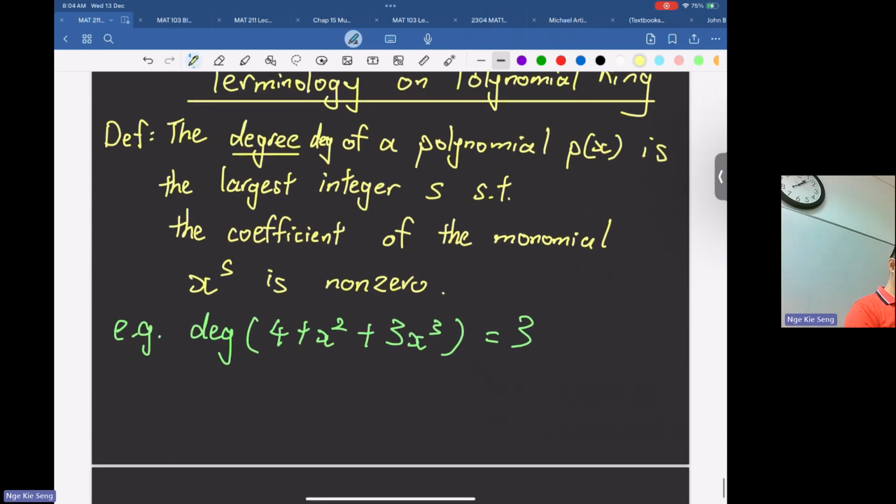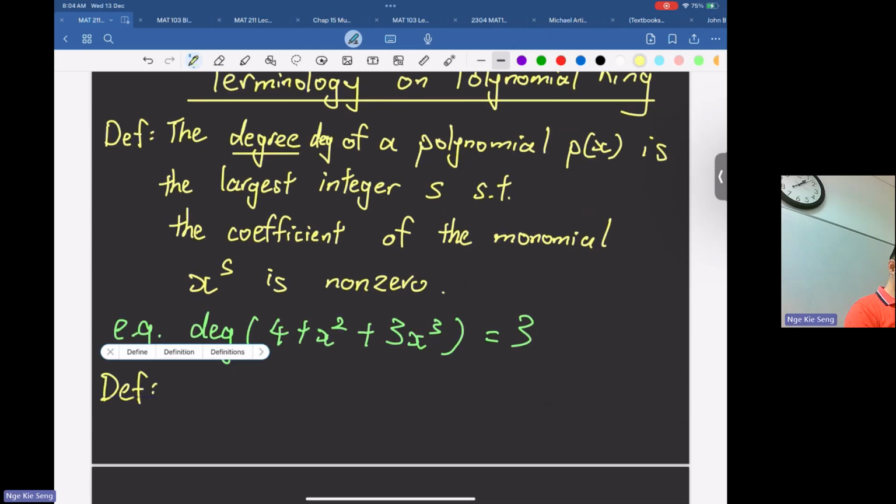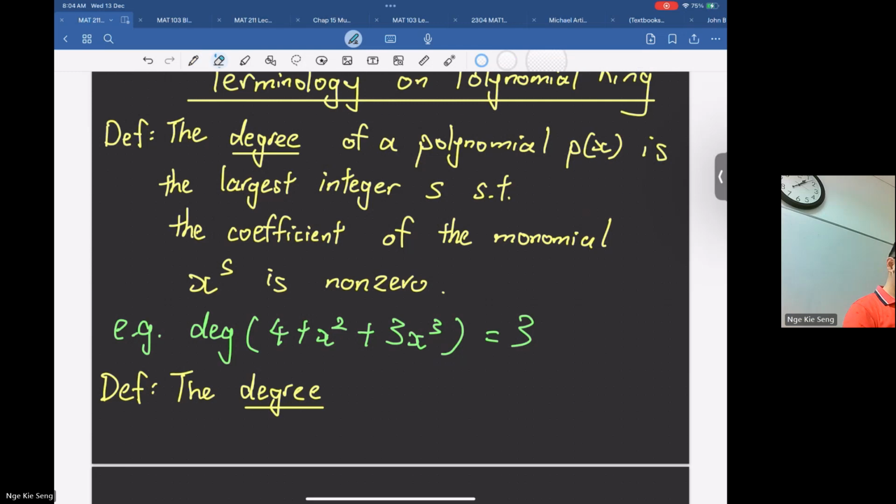So last time we didn't define the degree of a monomial. What's the degree of a monomial? For example, x^i.